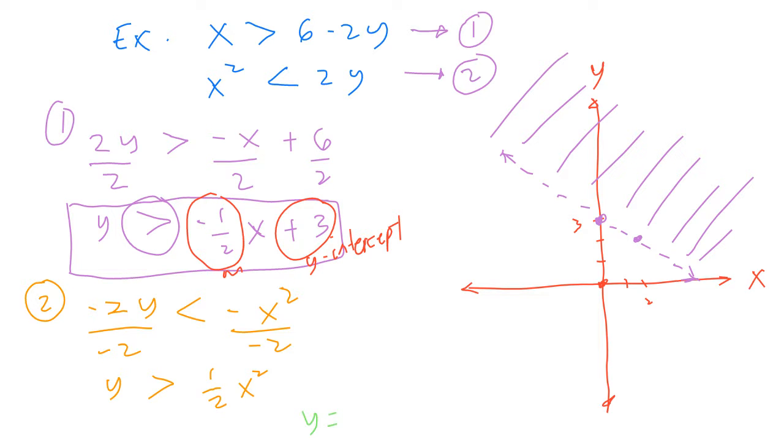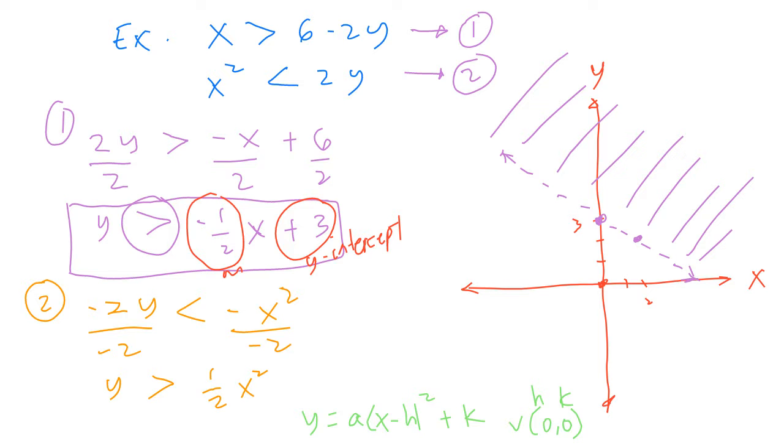Y is equal to a, you're looking at the vertex, which is x minus h power of 2 plus k. So k here is 0, and our h is 0 also. So that would be the vertex. So vertex here would be at 0, 0. So it's h is 0 and k is 0 at this point.